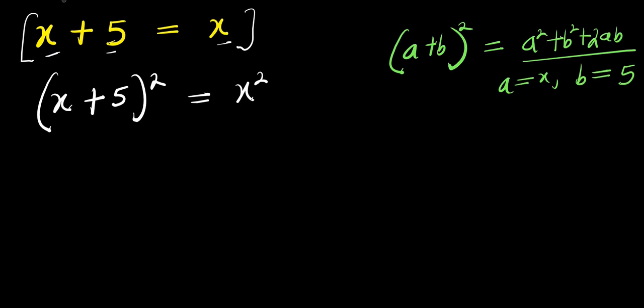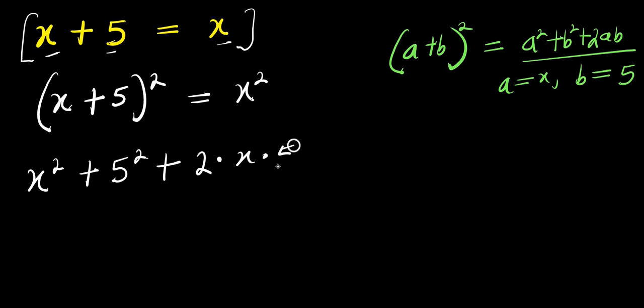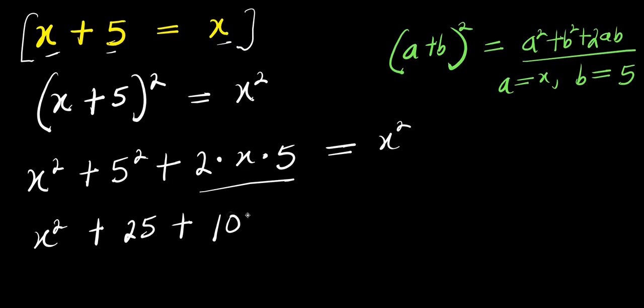So, this will definitely give us x squared plus 5 squared plus 2 times x times 5 equals x squared. And from here, we have x squared plus 25 plus 10x equals x squared.